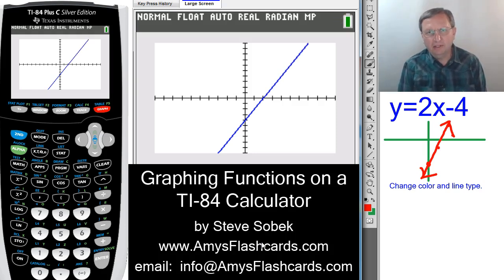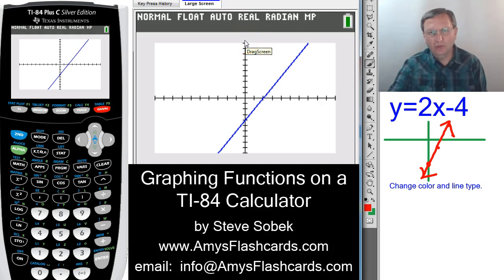Now on your calculator, as you're ticking along with me, and I hope that you have your calculator with you and that you're doing this with me, your initial window may look different than this. For all the graphs that I do today, I'm always going to begin with the standard window. The standard window is a window that spans on the x-axis from -10 to +10, and from -10 to +10 on the y-axis.